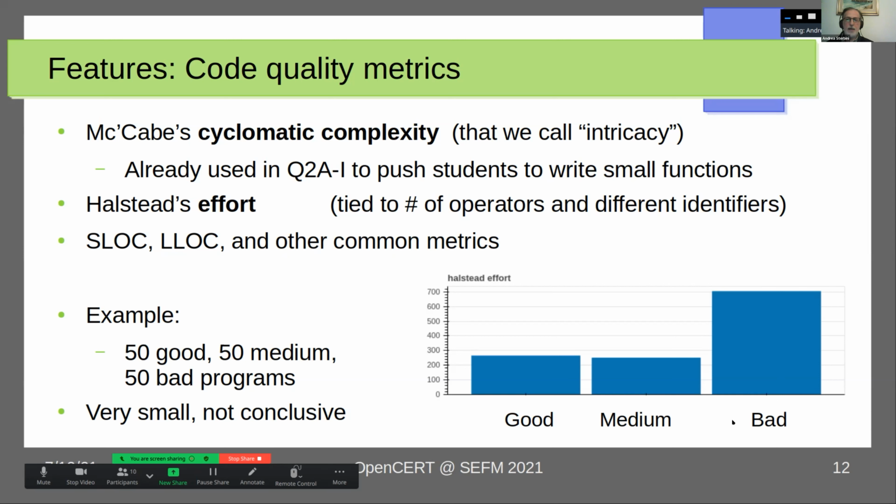So this means that the function has a higher number of operators and identifiers. Obviously, this data that I'm showing you is just to give a sense of what we have in front of us, but it's not conclusive because it's an analysis of just 1% of the data we have available.